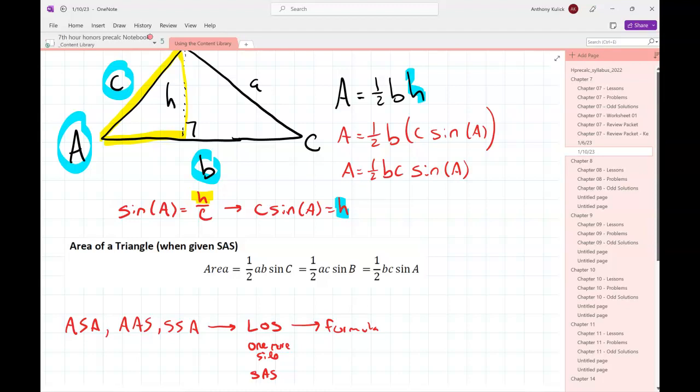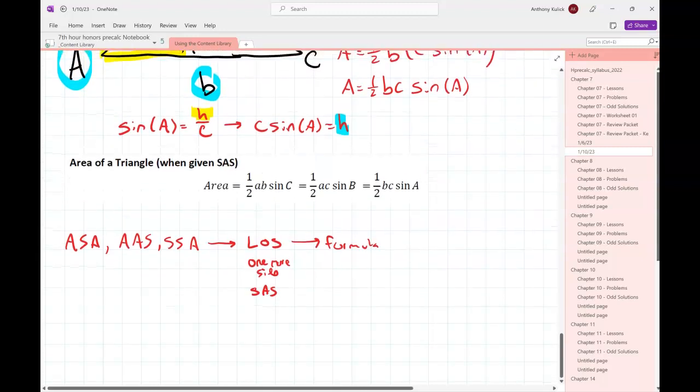The worst one is if it's the side angle side situation, because for the third side you have to do the other 2 pieces first to get it. Okay, what scenario haven't we talked about? Side, side, side.